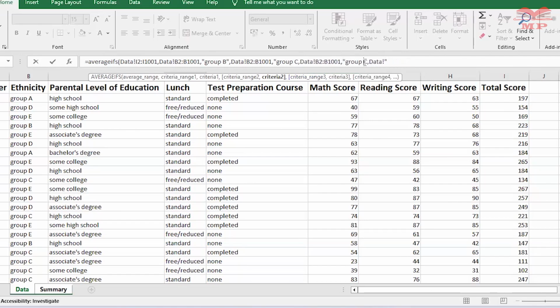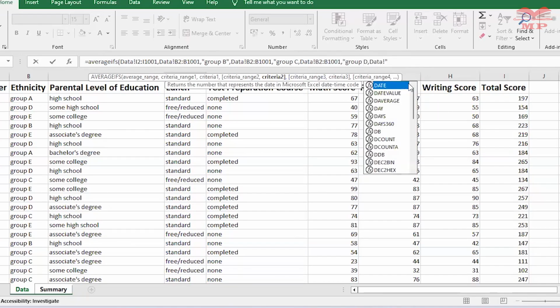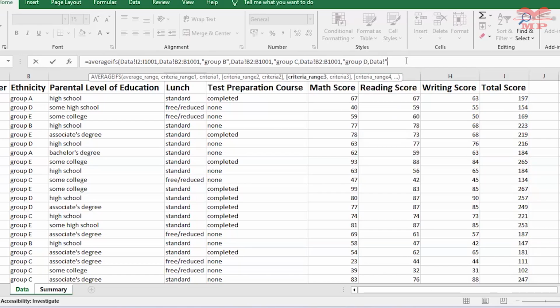So change this to group D. And I would have to do that for all of them.